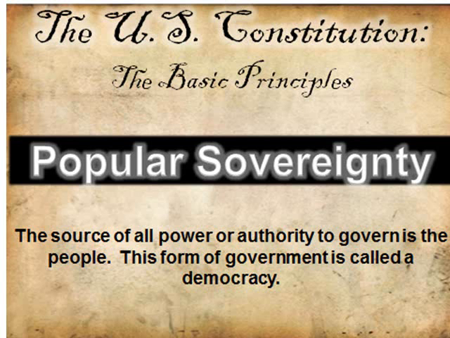Our next basic principle is popular sovereignty. The word popular means people. So the source of all power or authority to govern is from the people. Sovereignty means power. So people have the power. And again, if you go back to republic, which we just did, that's really what the democracy is based on.